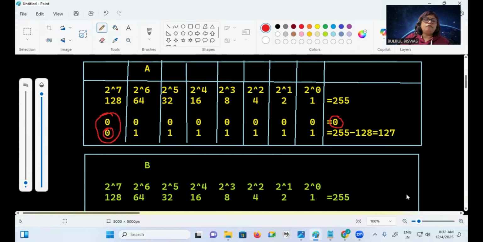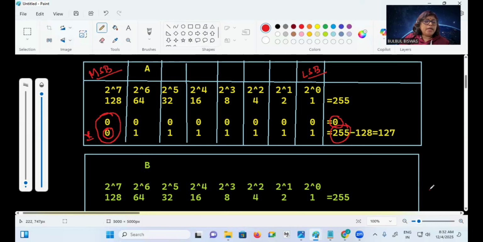And for your kind information, we call it the MSB, most significant bit, and this one is called the LSB, least significant bit. So for class A, the MSB always remains 0. And if you calculate the value, if it is 1, it will be 255.